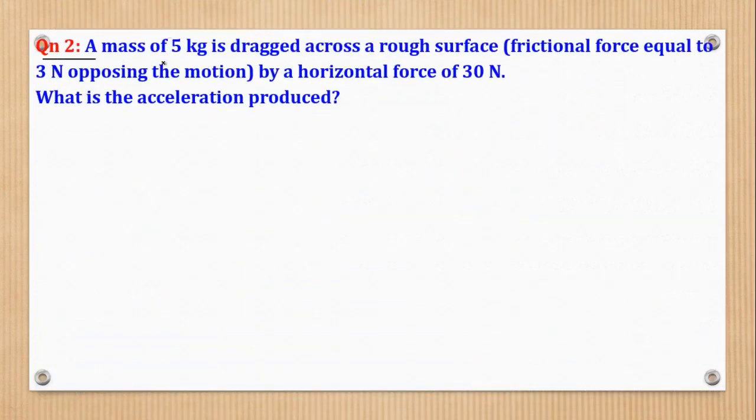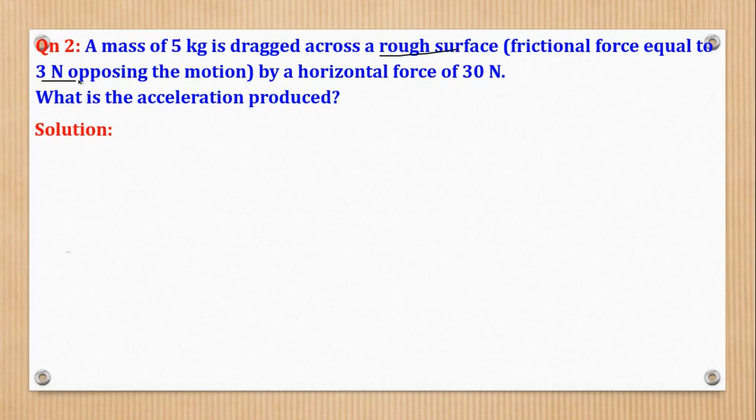Question 2 says a mass of 5 kg is dragged across a rough surface, frictional force equal to 3 Newton opposing the motion, by a horizontal force of 30 Newton. What is the acceleration produced? Now in question 1, it was smooth, but now it is rough. And they've given us the friction, which opposes motion.